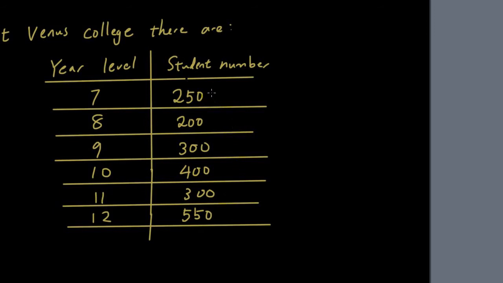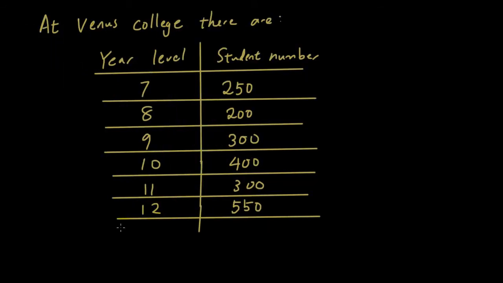So what we're going to do is firstly find out the total number of students. You add all these numbers together, 250 plus 200 plus 300, and so on, and you will get 2,000. That's the total number of students.